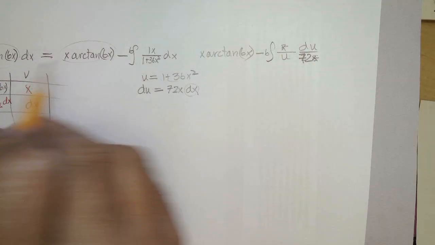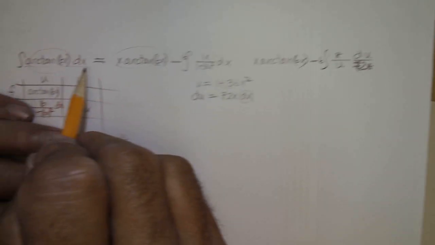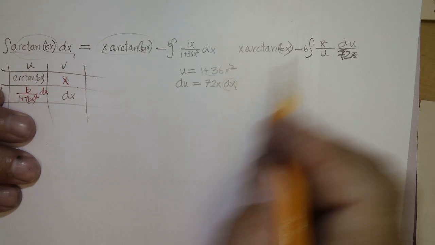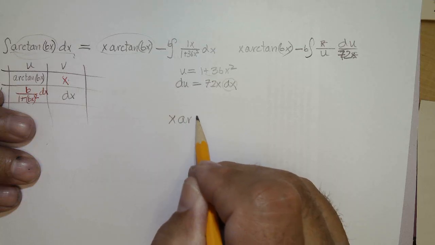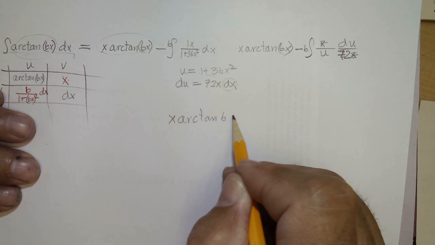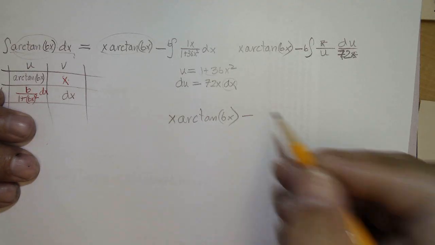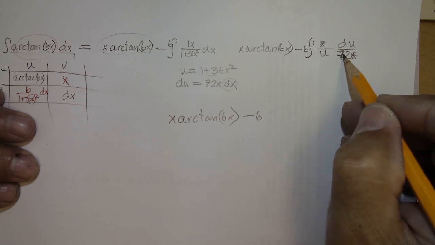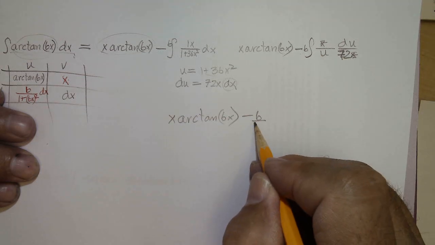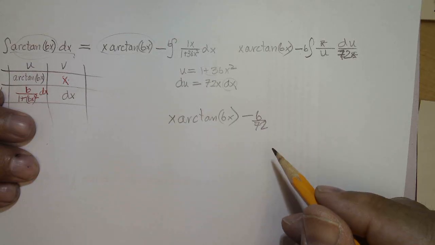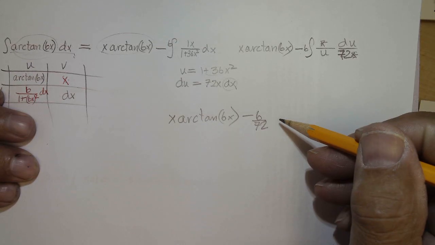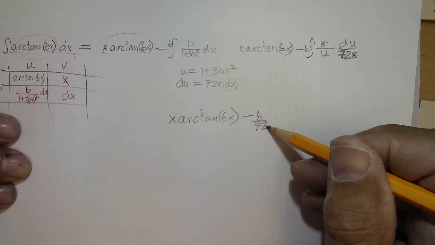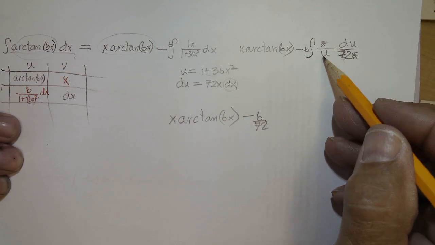So I get the antiderivative of this original thing is x arctangent 6x minus 6, 1 over u's and a 72 comes out in the bottom. Yeah, 72. Checking things here.